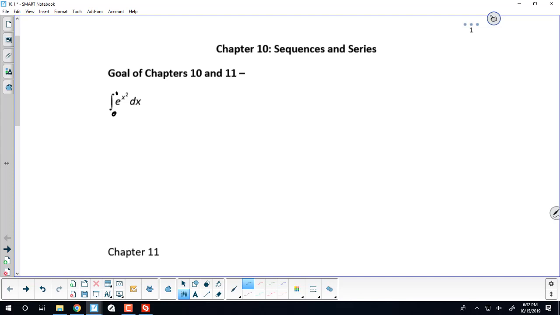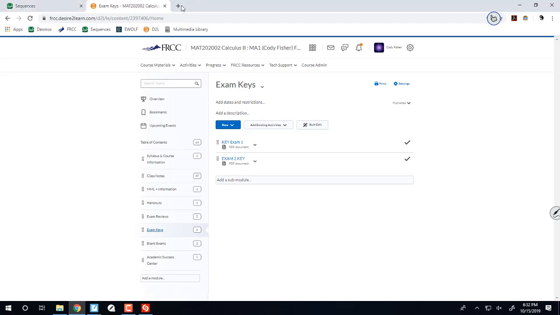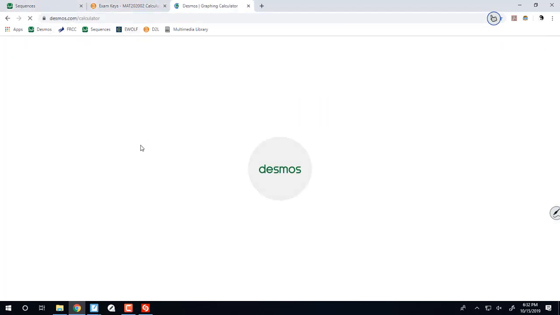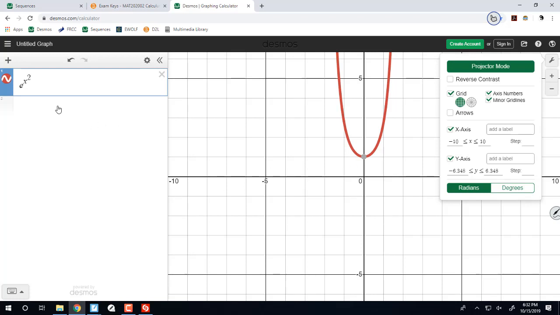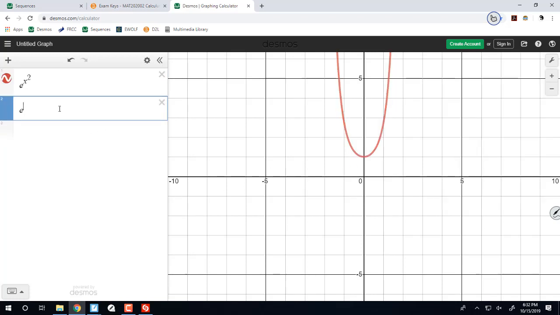The problem is, when you look at this function from 0 to 1, or even this function like we had on our exam, neither one of those has a known antiderivative, but clearly there is an area under the curve, right?